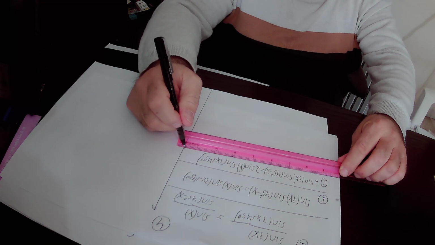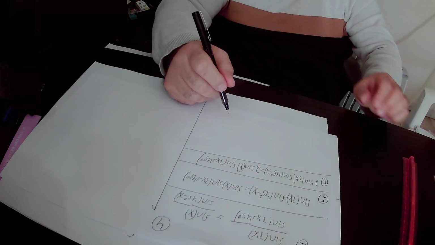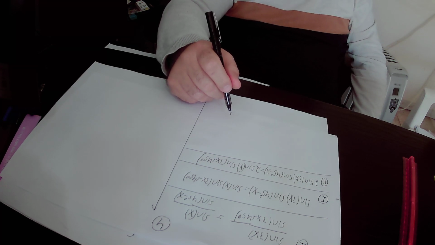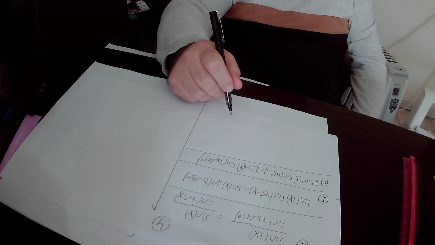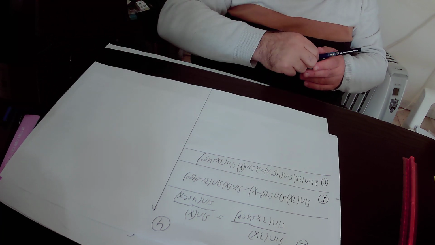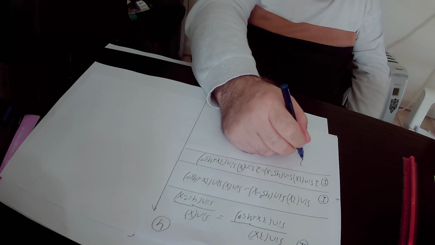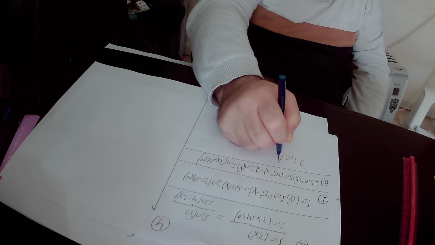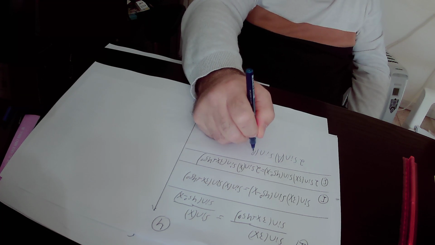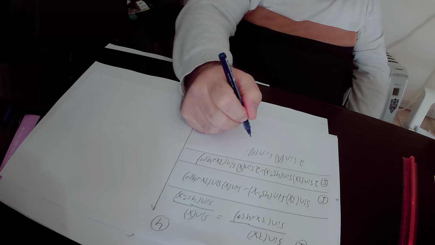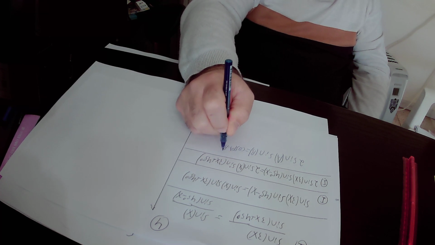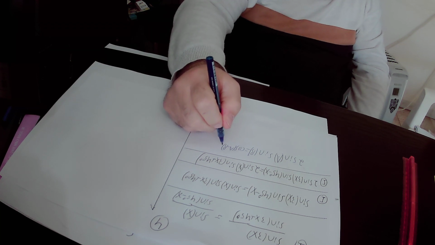Here we will use the trigonometric identity that states that 2 sine A sine B equals cosine (A minus B) minus cosine (A plus B).